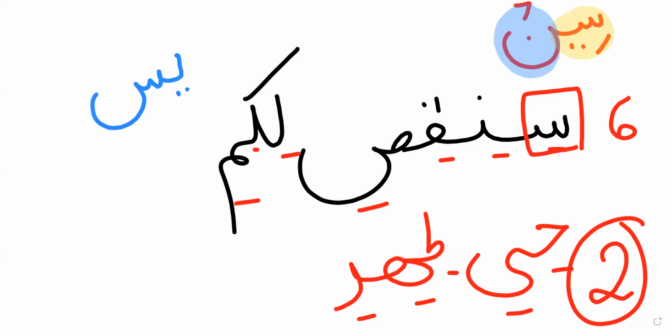Yasin. So seen is the last letter over here. There is nothing after seen. So obviously, even if it wanted to pair up with anyone, there is no one there. So what do you think? What would we call this seen? Is it going to be mukhaffaf or muthaqqal?